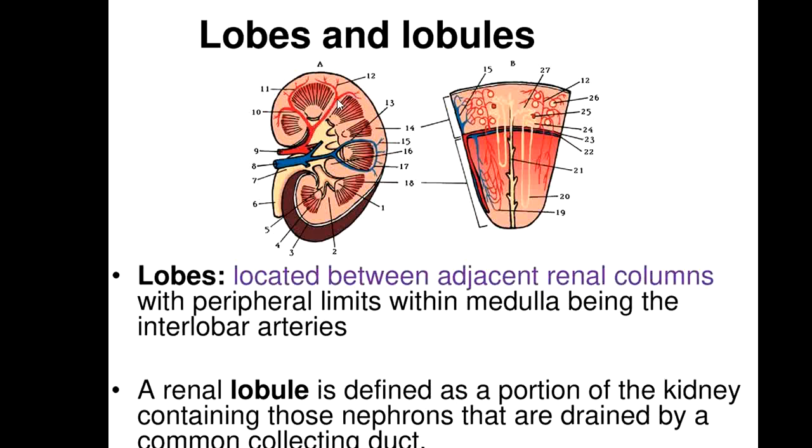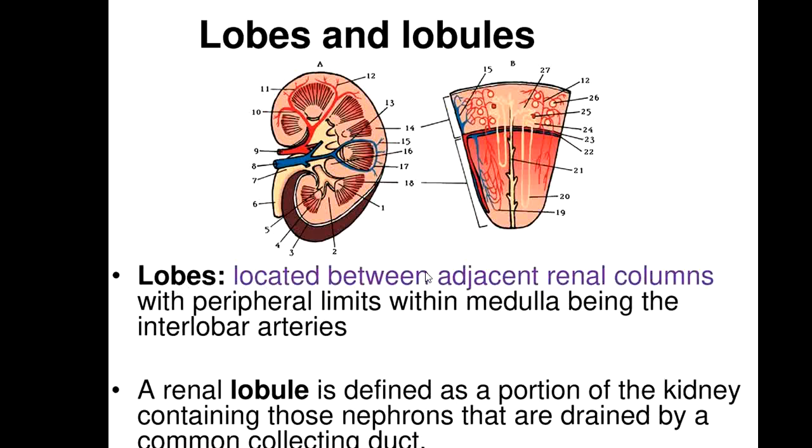This lobe represents this area, from this to this, because it contains one renal pyramid, overlying cortex, and half of the adjacent renal column.